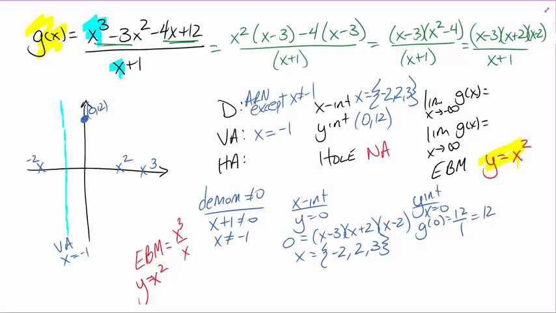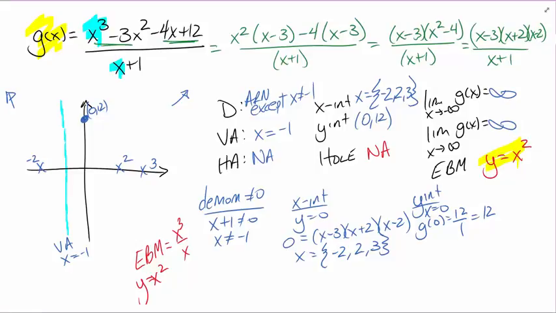So what does x squared do way out to the left? It goes up to positive infinity. What does x squared do way out to the right? It goes up to positive infinity. If my graph is going to go up to positive infinity in both directions and not flatten out, what does that mean for a horizontal asymptote? It means there is not a horizontal asymptote.